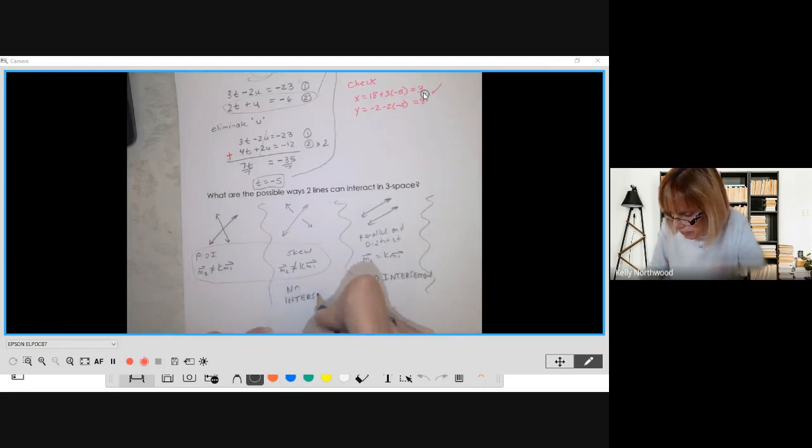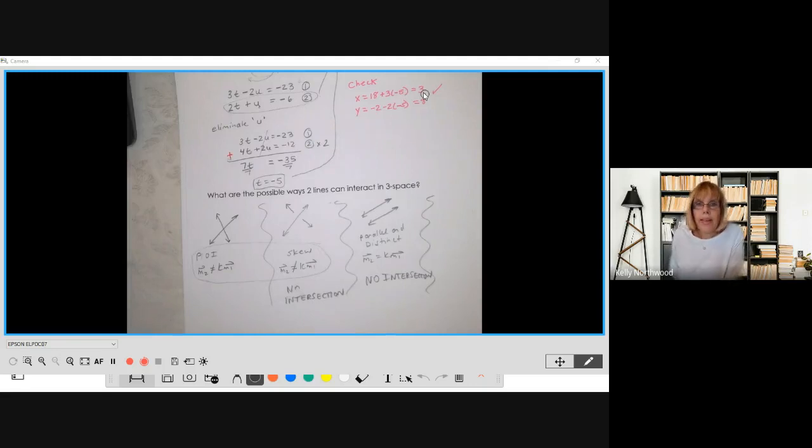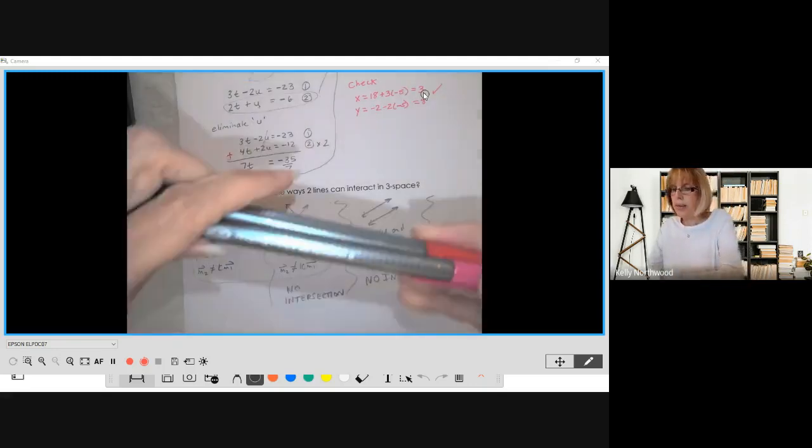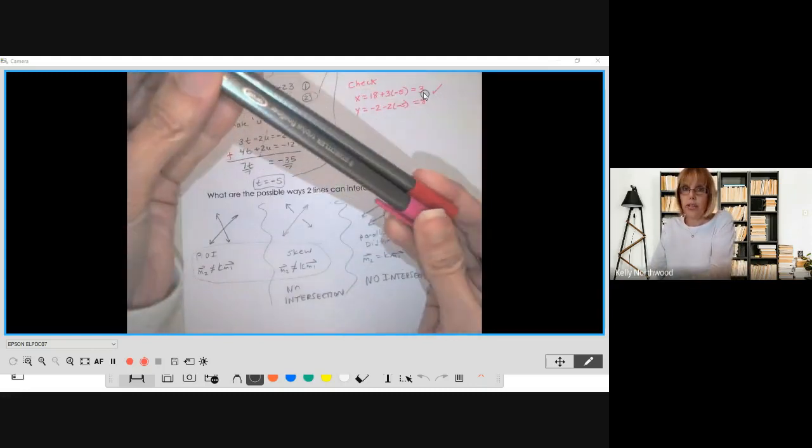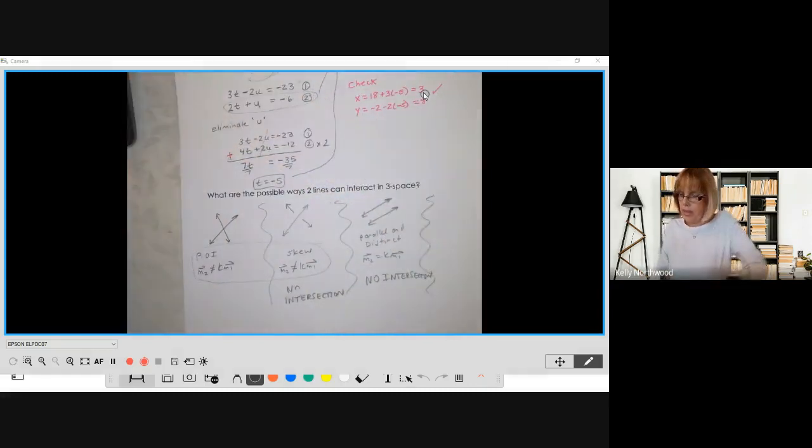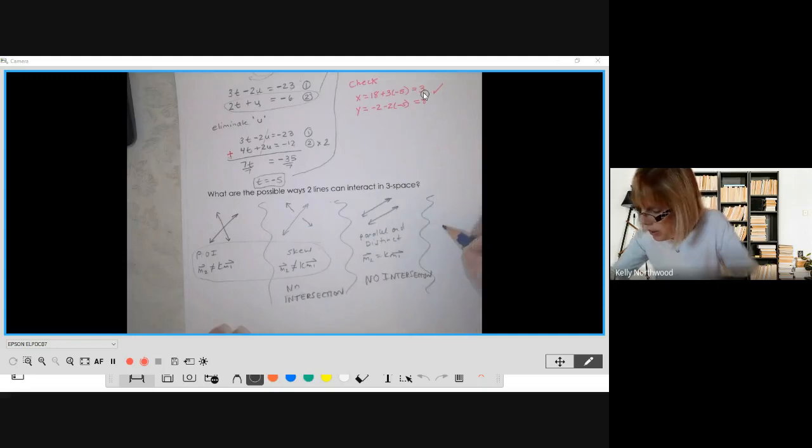And then the last thing is they could be coincident lines. So they could be lines that just line up with each other, right? And they have a line of intersection. So they could be coinciding.